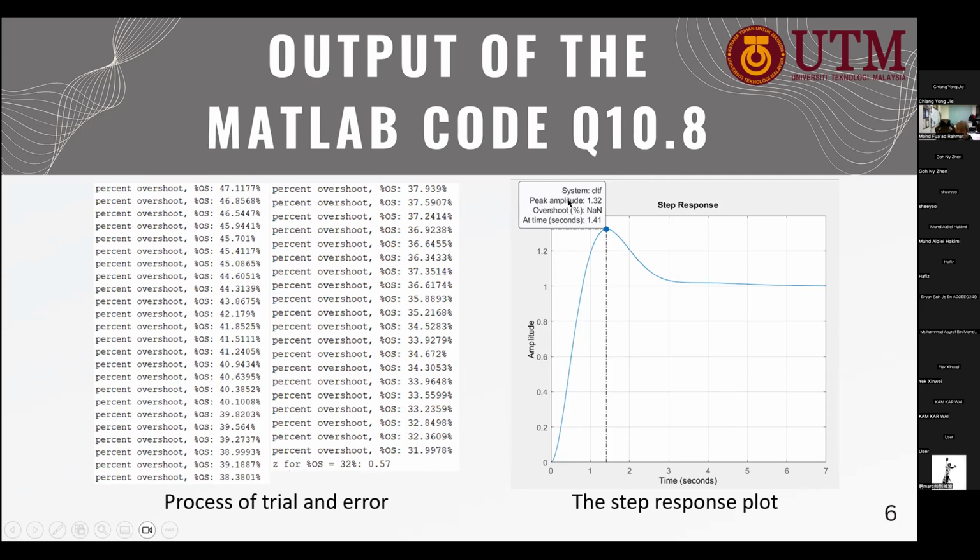So we can see that the peak amplitude is 1.32, and the steady state is extremely close to 1. But here it shows overshoot is NaN because somehow the steady state reaches infinity, so it cannot really calculate it. But from looking at here, we can already see it is 32%, from 1 to 1.32.